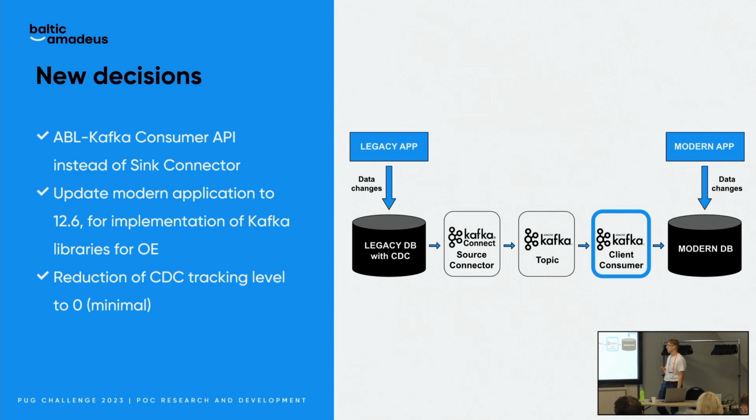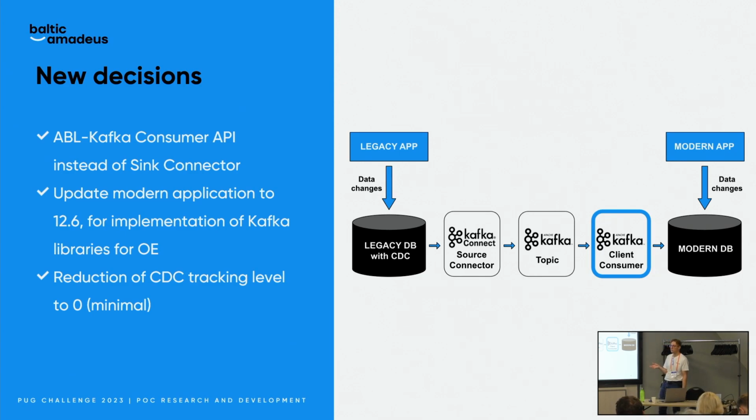And as we know, 12.8 is coming out sometime in Q4, hopefully. So it will have Kafka libraries as well. So it would make sense just to go with the newest version in most cases. And of course, we had to reduce our CDC tracking level to 0, which means that the CDC would capture the changes if at least one field has changed.